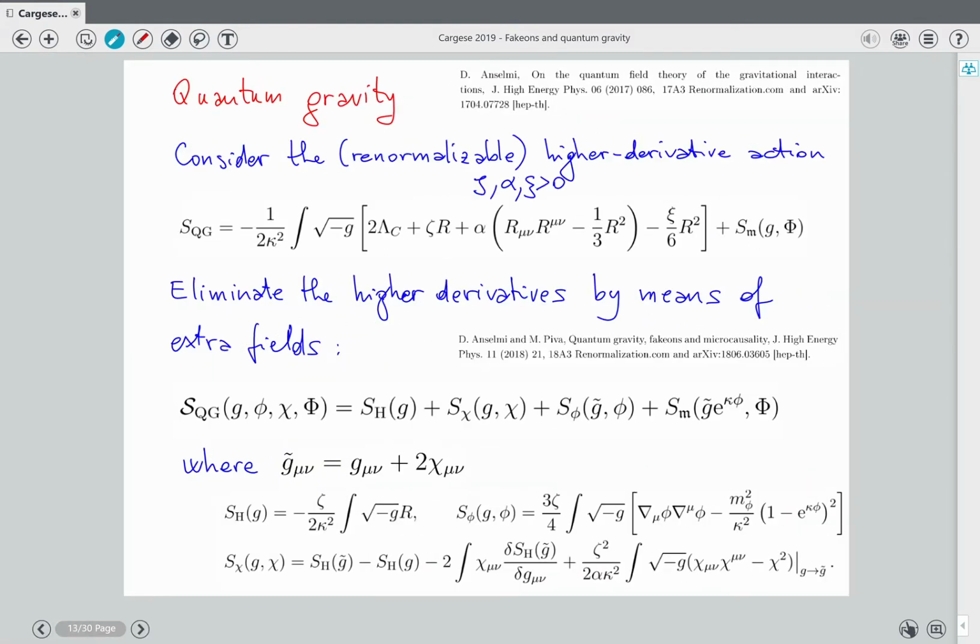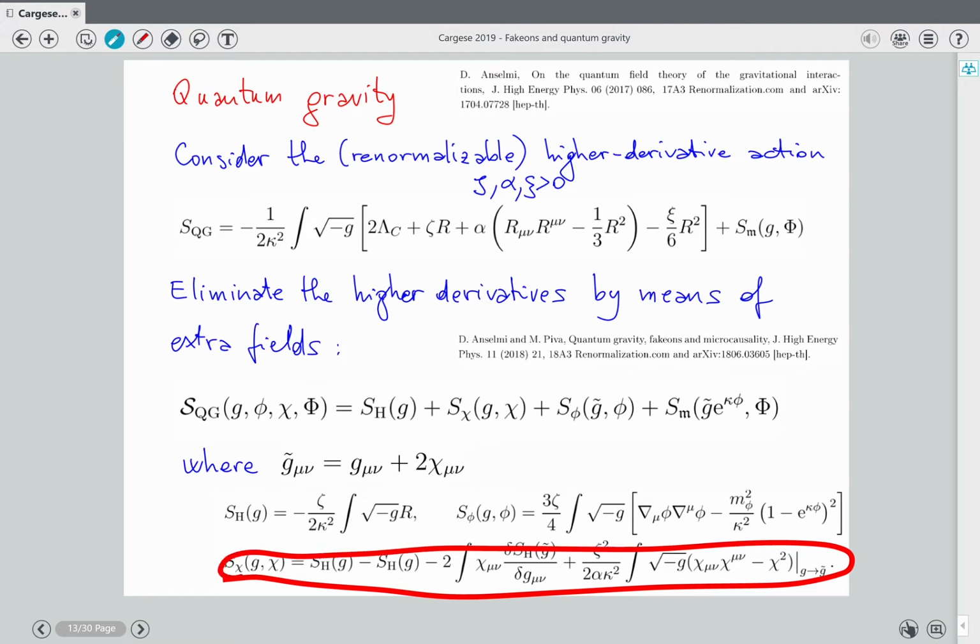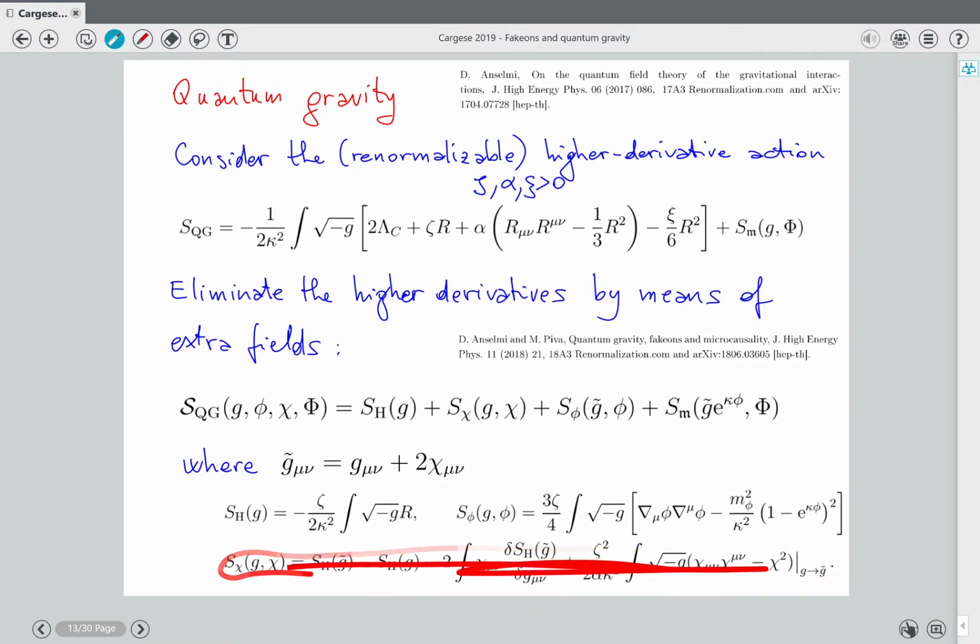For example, you can turn your theory from a higher derivative Lagrangian, which is manifestly renormalizable, to a non-manifestly renormalizable theory by introducing the other degrees of freedom explicitly. So no higher derivatives, but more degrees of freedom. You will have the Hilbert action. You will have the scalar with a potential, with the right sign in front, zeta is positive, and you will have a spin 2 with a complicated action.